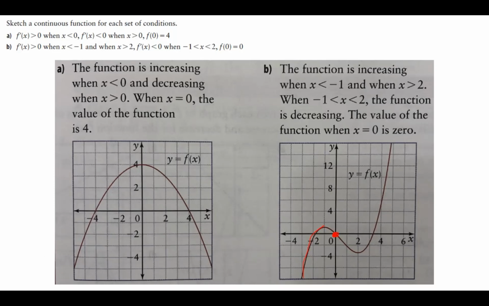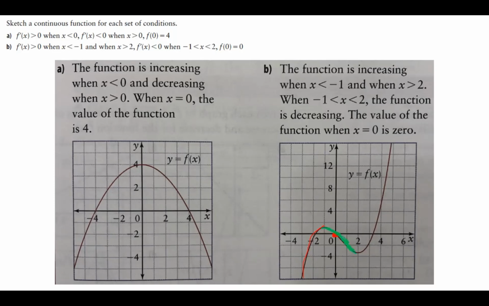Actually, strictly less than 0. Therefore, from -1 to +2, this function is strictly decreasing, which means this function should look like this here. Second section looks like this, right?